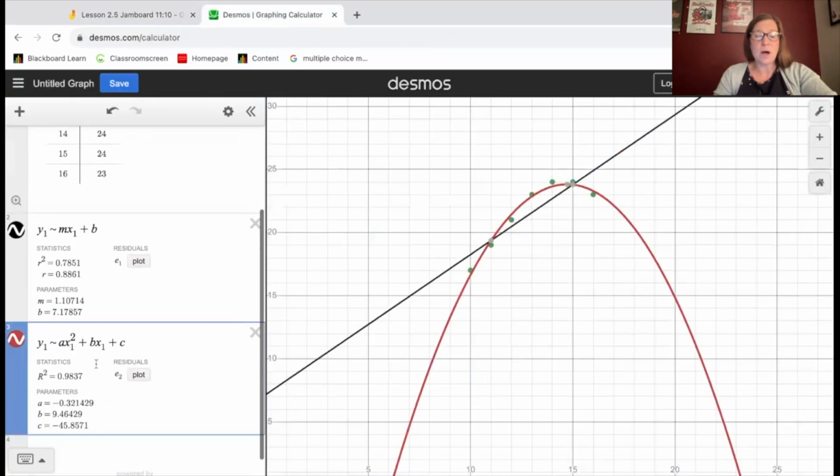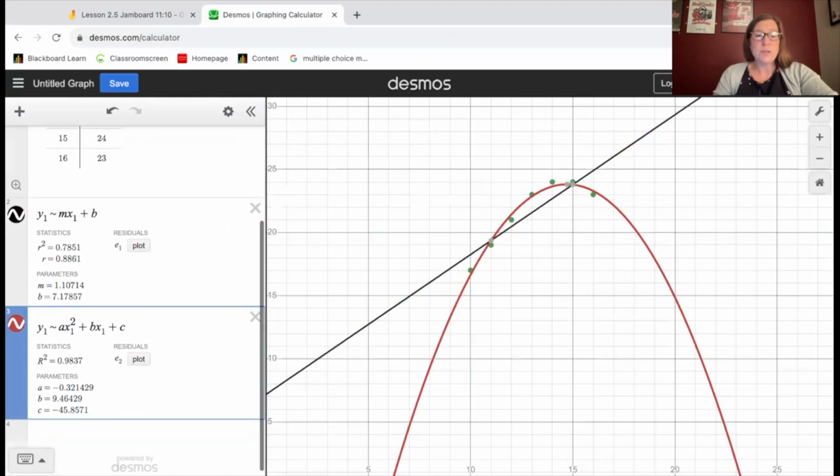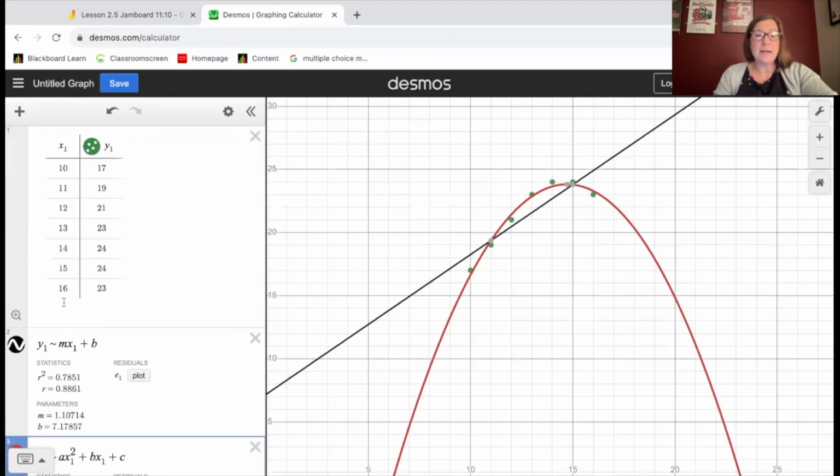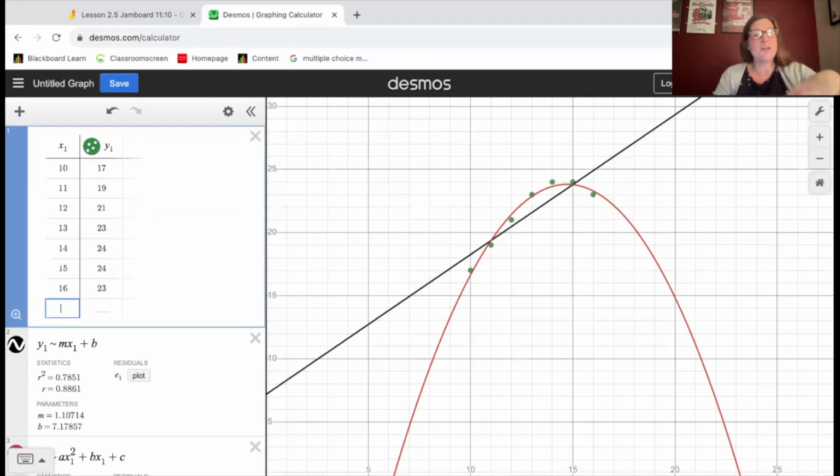Once these line 2 and line 3 are set up, you can edit your table as often and add as many rows as you need. So you could certainly bring it up once, fill it out, and then just change the values on your table, and then it'll automatically change your linear and quadratic regression lines below, which is kind of a cool feature.